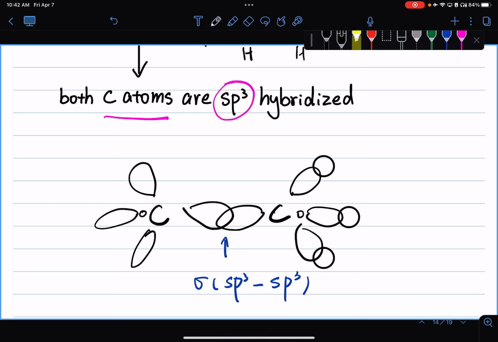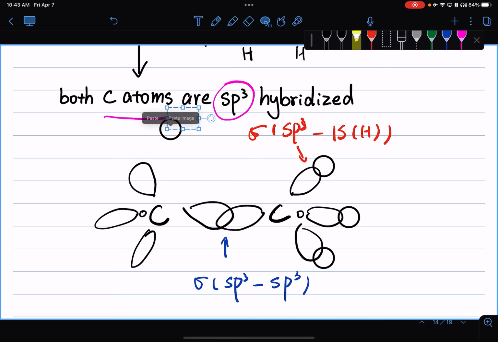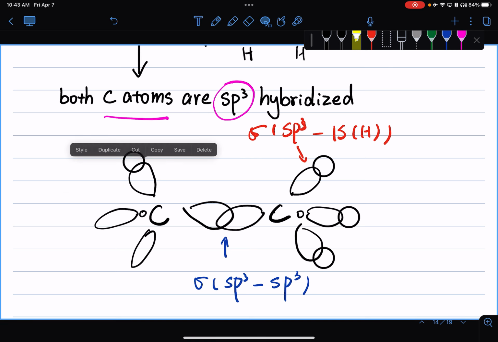So each of these small dots is our 1s of hydrogen. So sp3 of carbon forming a sigma bond with 1s of hydrogen. Likewise, we have that for this part.